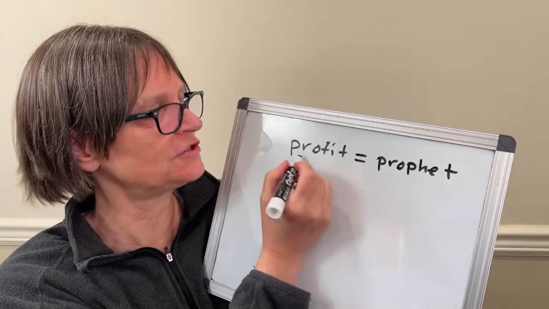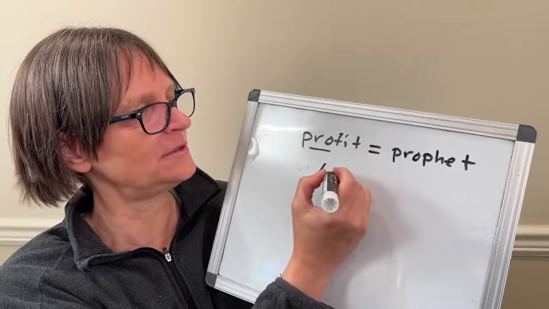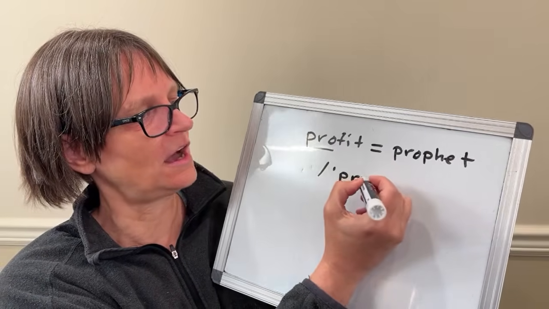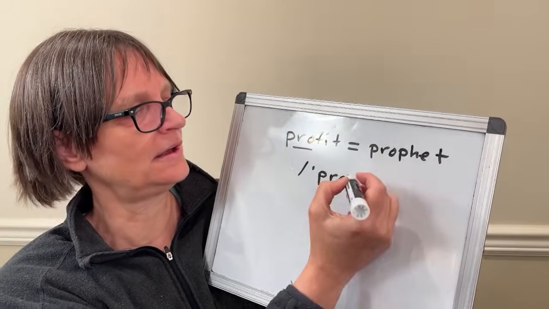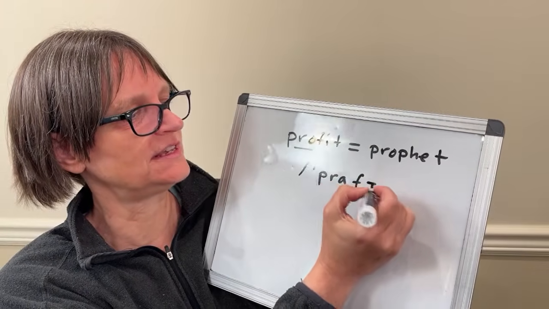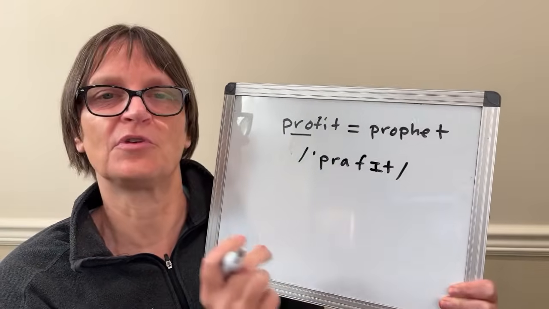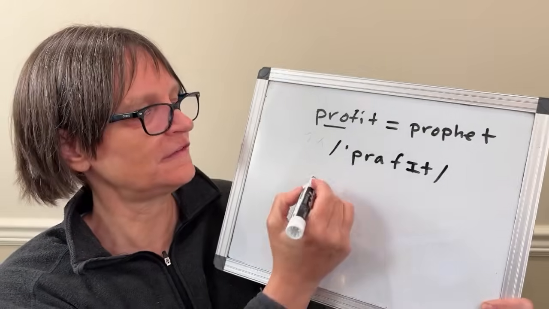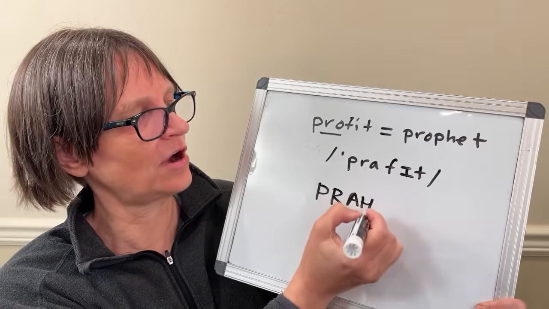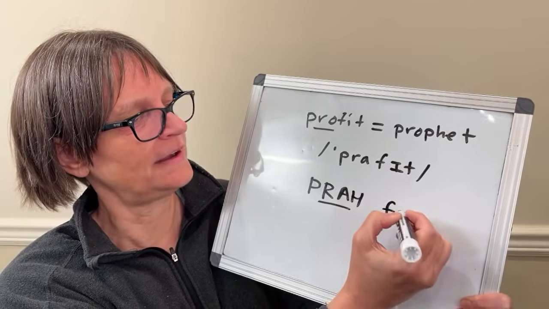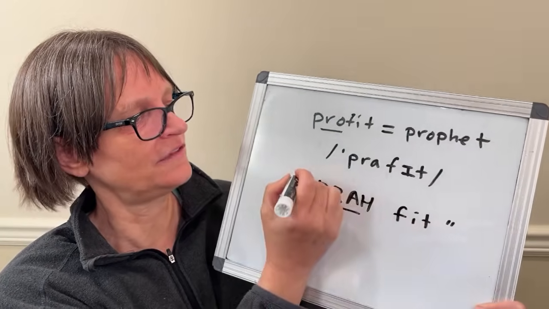So they both have stress on the first syllable. Letter O says the "ah" sound. And then we have just a reduced I in the second syllable: profit, fit. So you can think of it almost as being almost no vowel there. So the first syllable is long, and then I'll write it with an I, "profit," "fit."